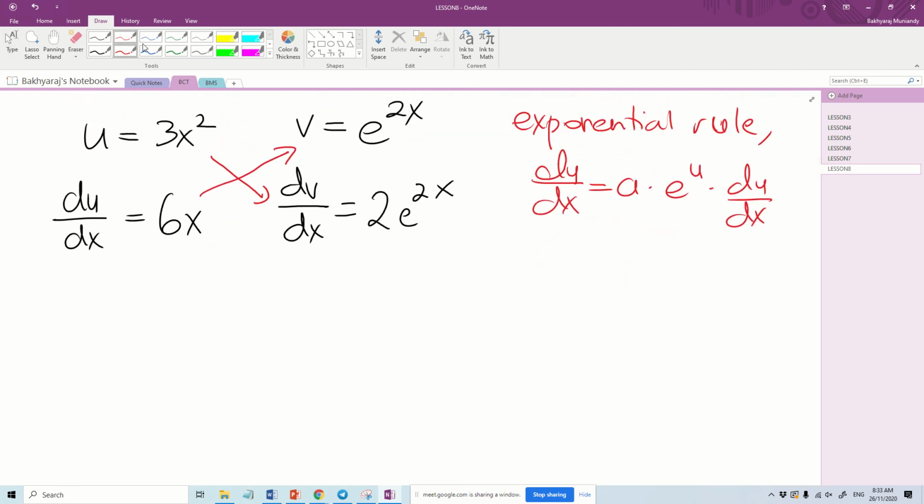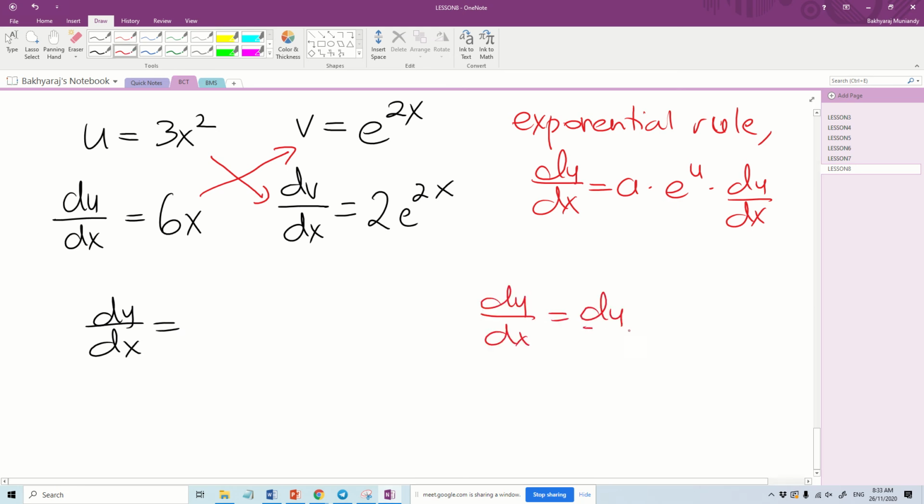Okay, so go for the product rule. The product rule is what? dy/dx must be equal to, I get the formula for you, du/dx times v plus u times dv/dx. So you can put it into the formula.